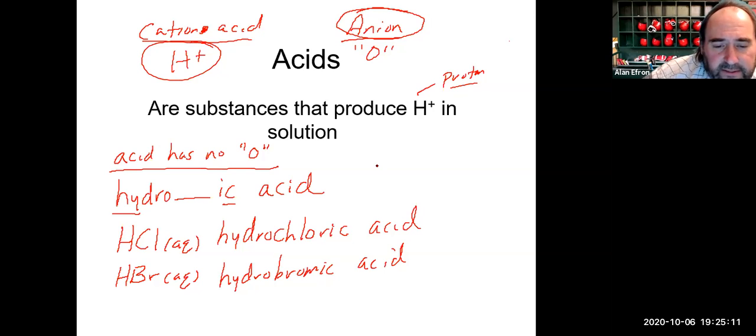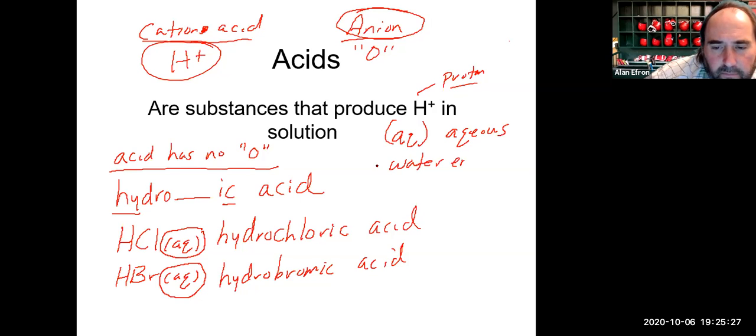You may also notice that I put this little symbol next to everybody, which is the aqueous symbol. So AQ means aqueous. Basically means a water environment. And that's really what makes that an acid, is being aqueous.